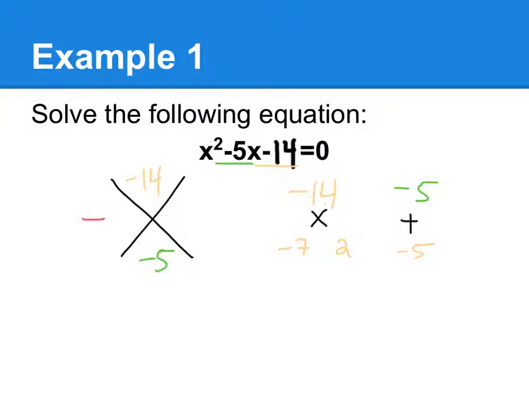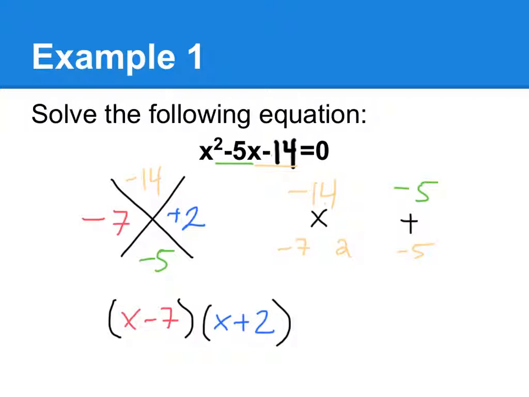Let me write those in here. Negative 7 and positive 2. Now to rewrite this, we write this into binomials. Remember the two different expressions? You do x minus 7. Make sure you write this in red. And x plus 2.